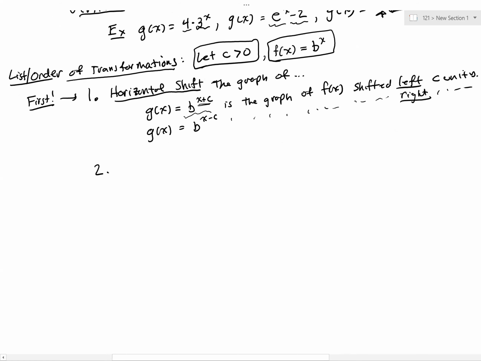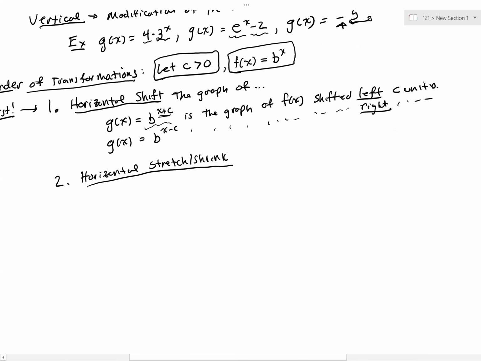The second transformation we looked at was a horizontal stretch or shrink. That means we're either going to be yanking on the graph and pulling it out sideways from both sides, or pushing on the graph from both left and right to squish it in. So that's what a horizontal stretch or shrink is.